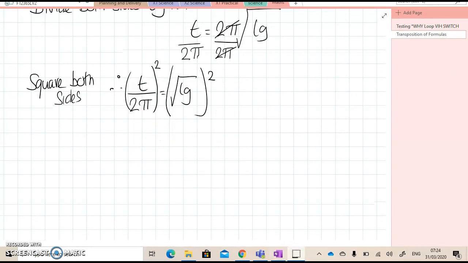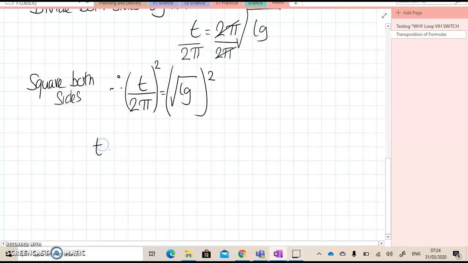So we square both sides, and that leaves T over 2 pi, squared, equals LG. So obviously we can also write this now here. It's saying that T over 2 pi is squared.